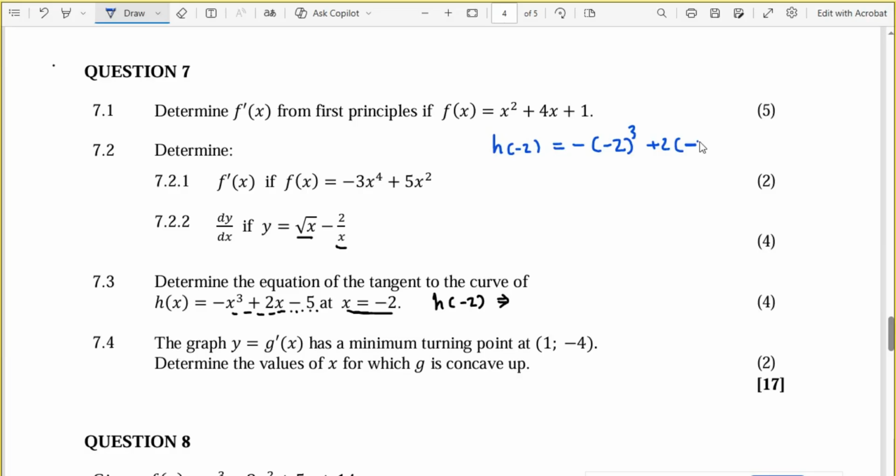Oh, no, I'm saying on h, where there's x, you put minus 2. Oh. Sorry, I was lost, like where is h? No, I'm sorry. This will be h at minus 2, so meaning that where there's x, we put minus 2. Okay, sir. Thank you. Therefore, what is the corresponding y value? What do you get?